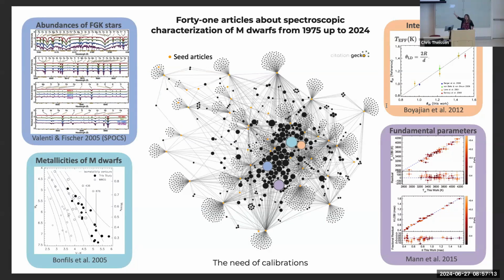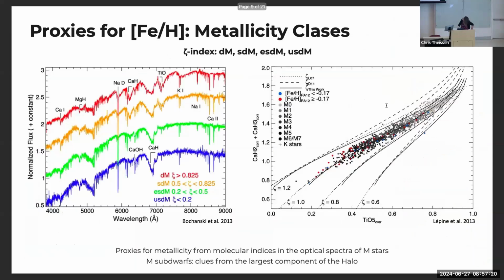Okay, if we want to know the properties of M dwarfs, a lot of the work has been done with calibrators. Why is that? Well, because when I started my PhD, what we knew about metallicities of M dwarfs was mainly due to low-res optical spectra, by measuring indices of titanium oxide and calcium hydride, and with this scale, the zeta index, that basically divides M dwarfs into dwarfs, subdwarfs, extreme subdwarfs, and ultra subdwarfs.